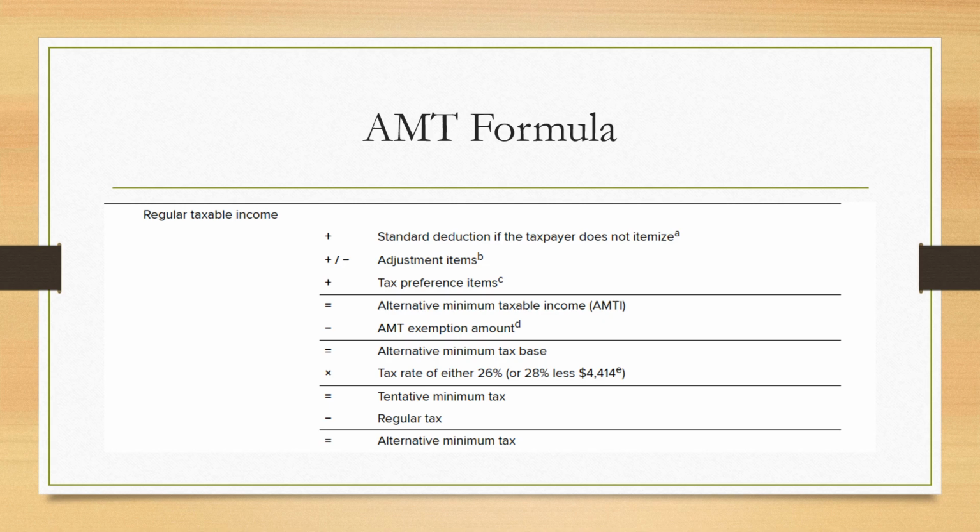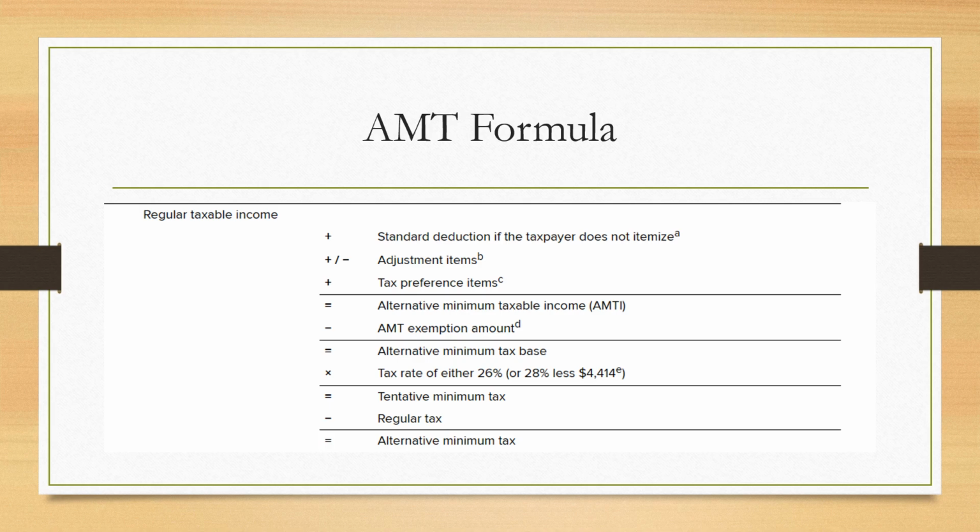To determine the alternative minimum taxable income, the taxpayer starts with regular taxable income, as you can see, and then makes adjustments to regular taxable income to arrive at the alternative minimum taxable income, which is used to calculate the minimum tax liability. The AMT rate is either 26% or 28%, as I had said before.